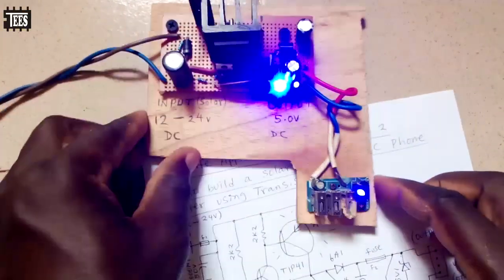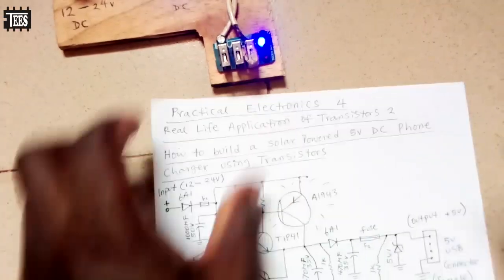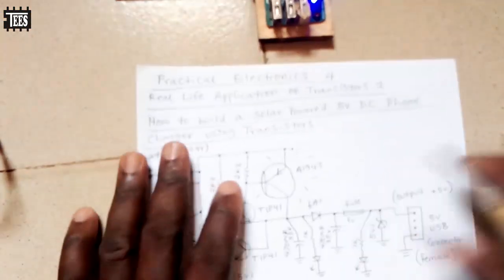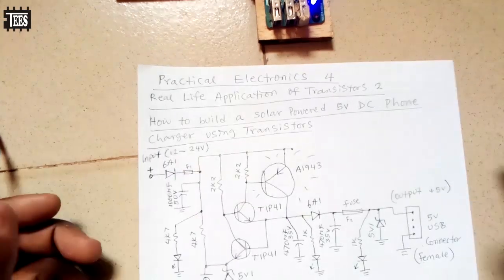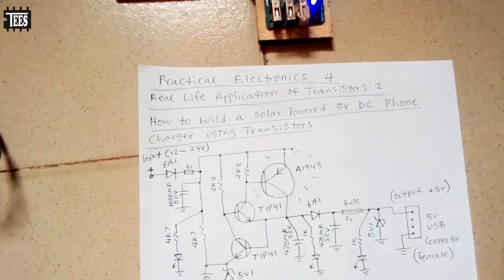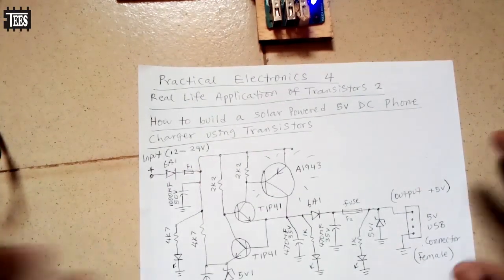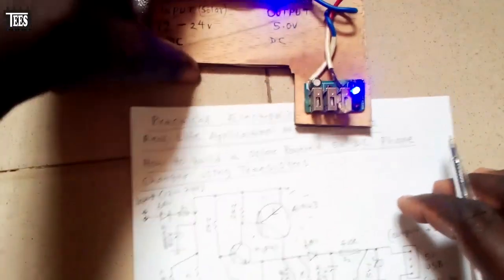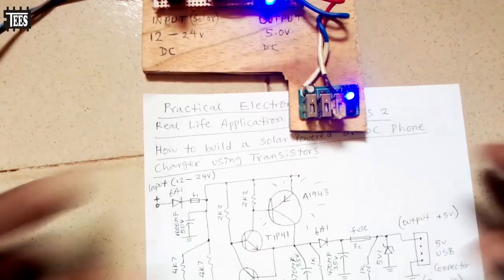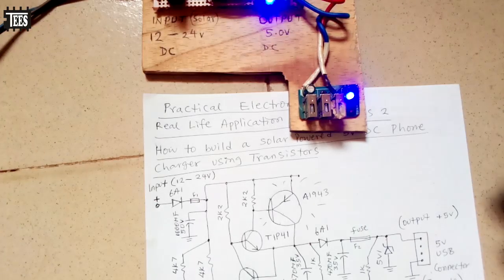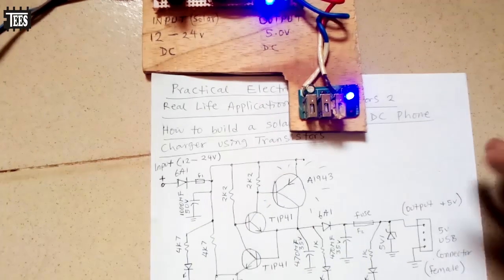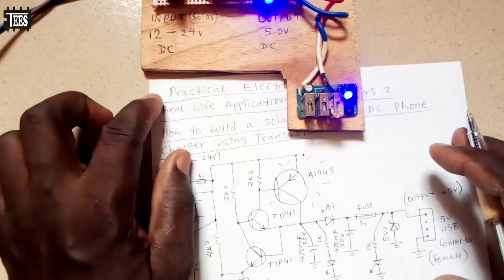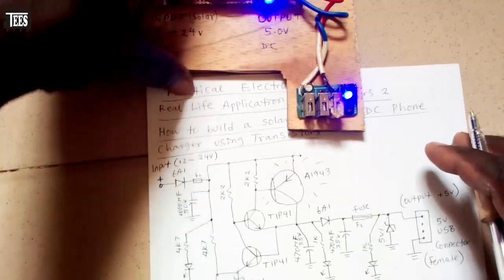Now another person buys a gasoline generator, and each time he wants to charge his phone, he has to put in fuel. Currently a liter of fuel is around 1,000 naira. So let's say you buy 2 or 3 liters, around 2,000 naira, including your transport, let me say 2,500 naira on fuel each time you want to charge your phone.